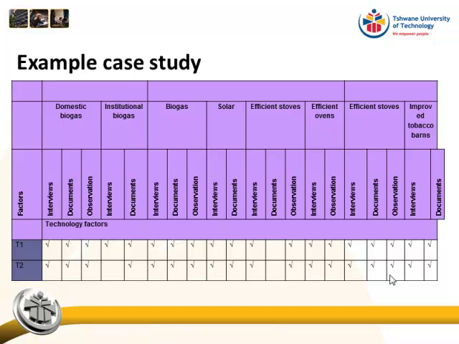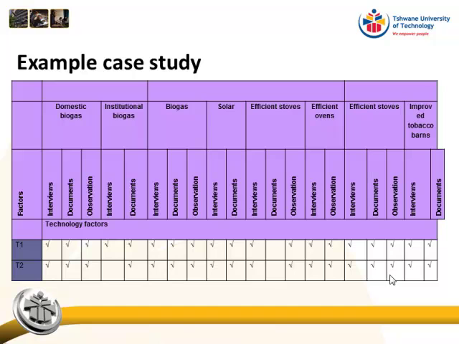And you can see that for each of the cases, so this was Rwanda, this was Tanzania, and this was Malawi. For the domestic biogas in Rwanda, I did interviews, I had documentation that they gave me, that they'd written about the results, and I did observation.